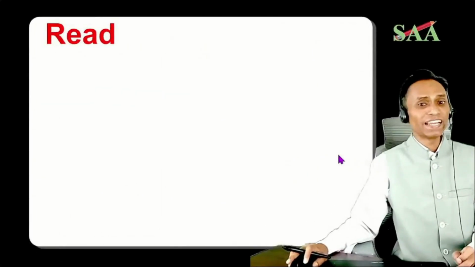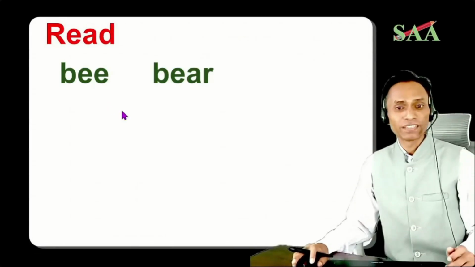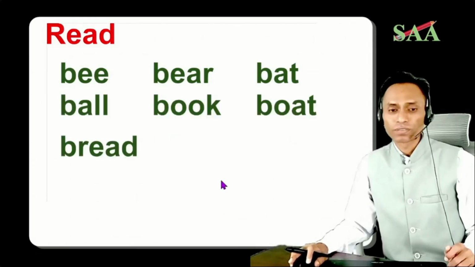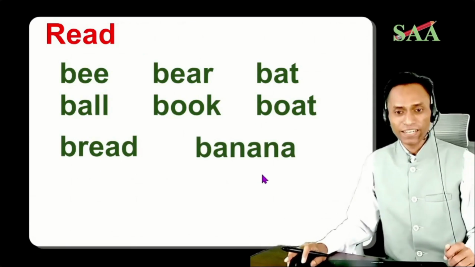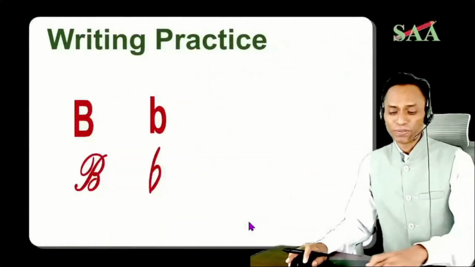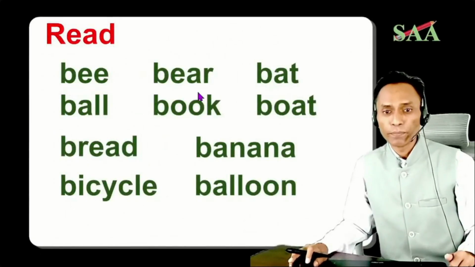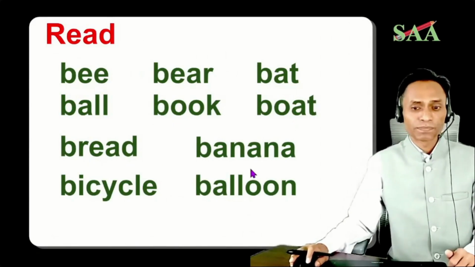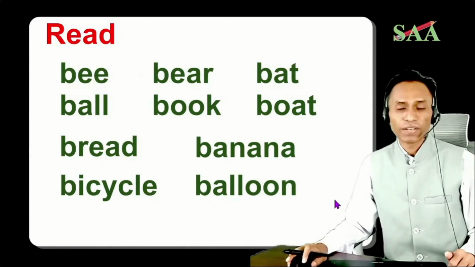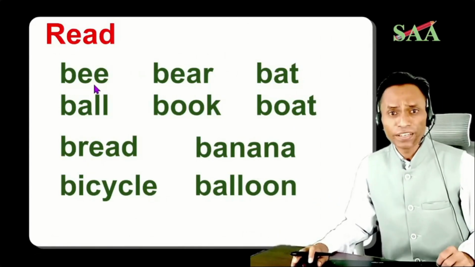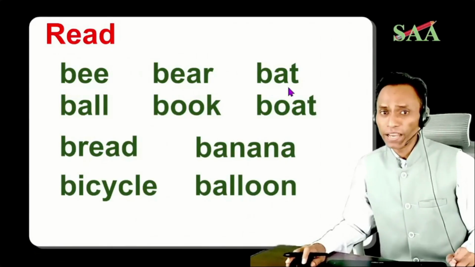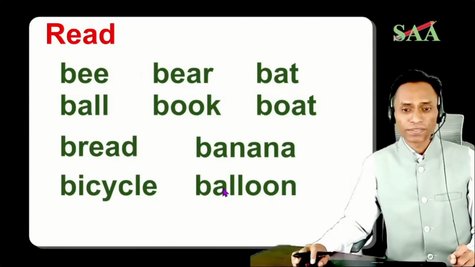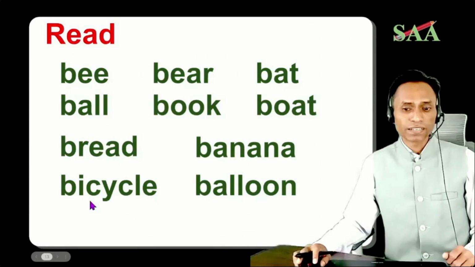And here, these are the words: bear, pet, ball, book, pot, bread, banana, bicycle, balloon. Once again, read the words. Okay, repeat after me.